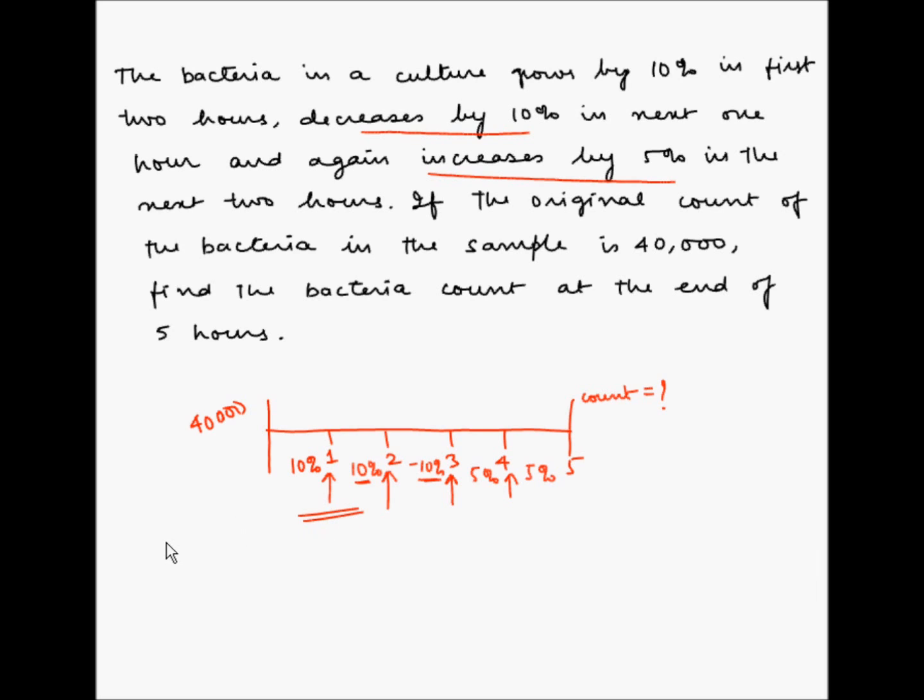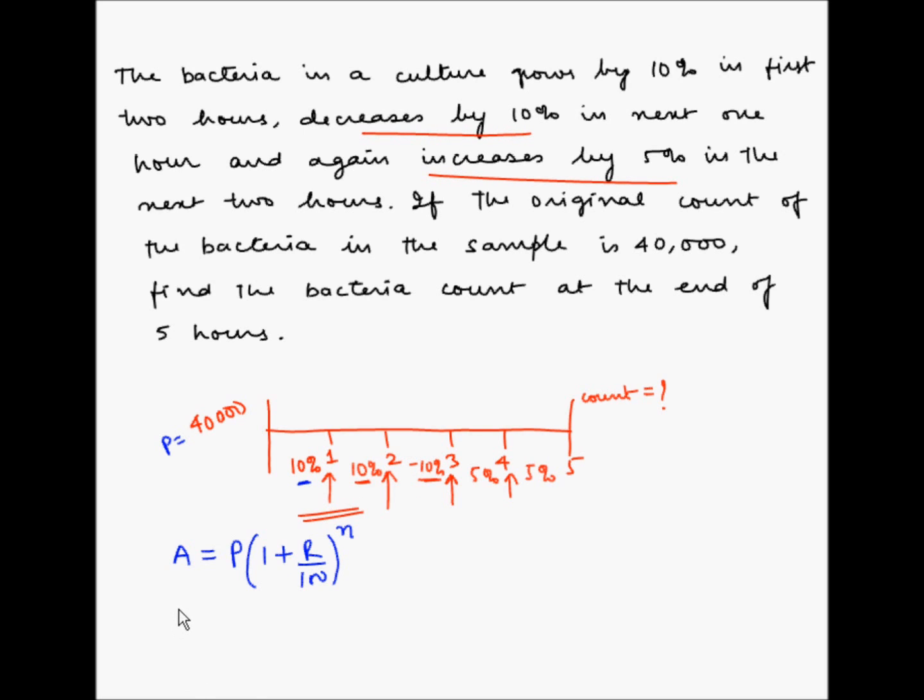So we know for compound interest the count at the end would be denoted as A, and this is equal to P, which is the count at the beginning of the culture growth, multiplied by 1 plus R, which is the rate of growth, divided by 100, to the power of n, where n is the number of time periods under consideration.